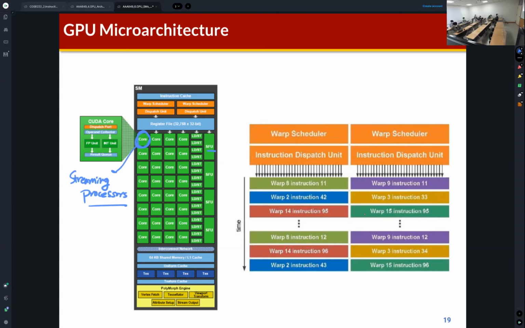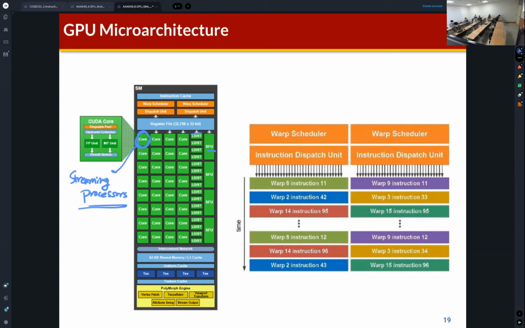Also, the GPU has the load store unit. I will explain about the load store unit in the next class, because the GPU also has its own load store unit architecture, which is designed to support the warp execution.